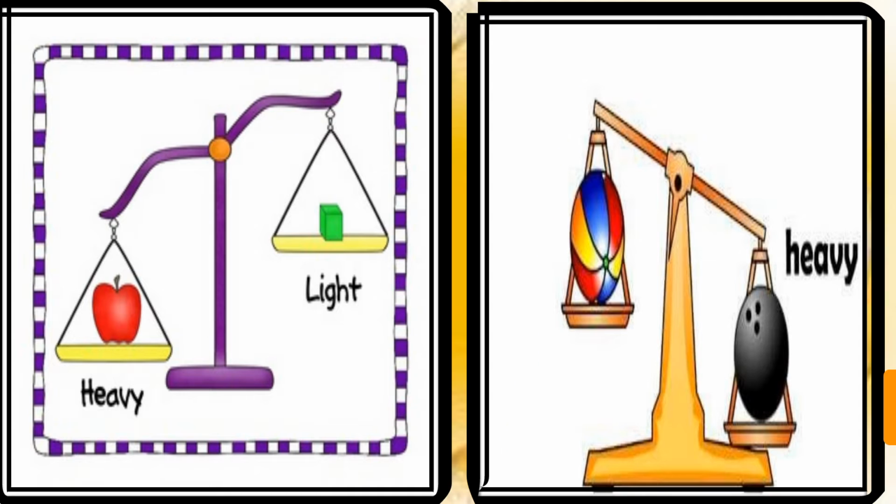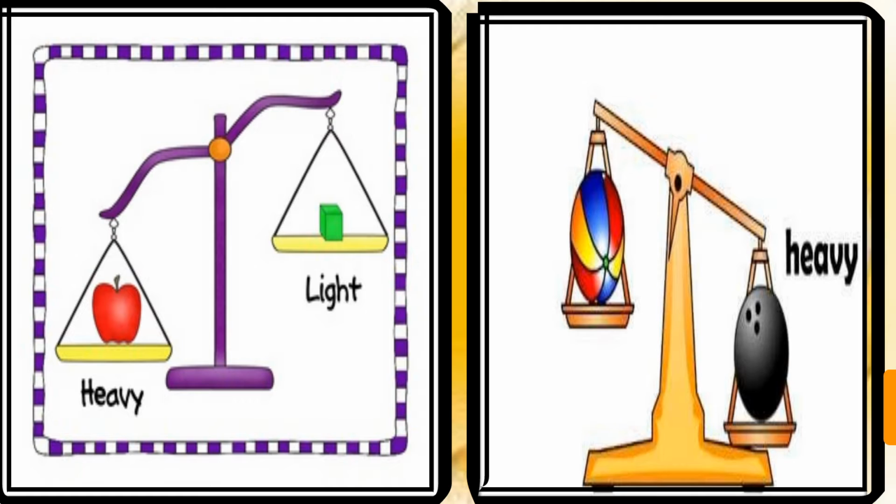Whenever we weigh two things, the pan which goes upside has the things which are light in weight, and the pan which is at the downwards position has the things which are heavy in weight.